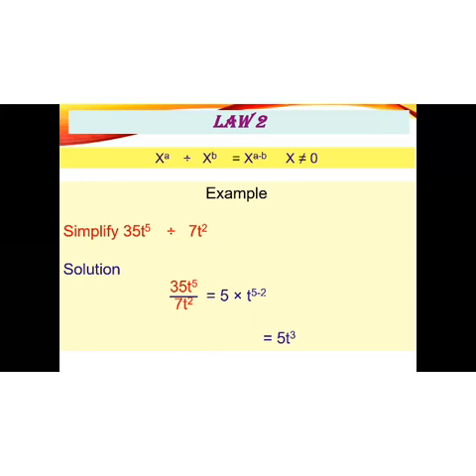Just understand that when you're dividing two numbers that have the same base raised to certain powers, you can simply evaluate that by subtracting the powers, as long as their bases are the same and x is not equal to 0.